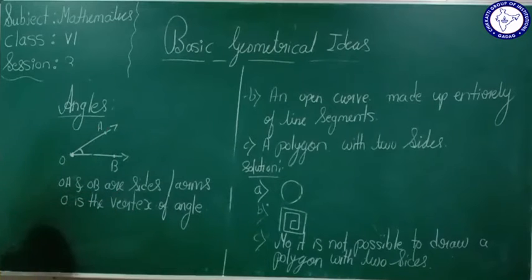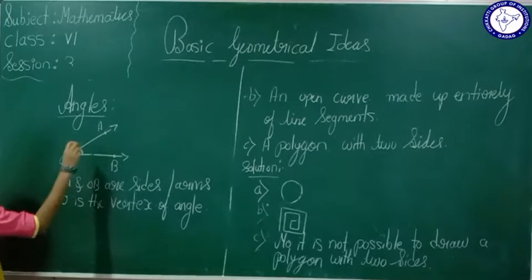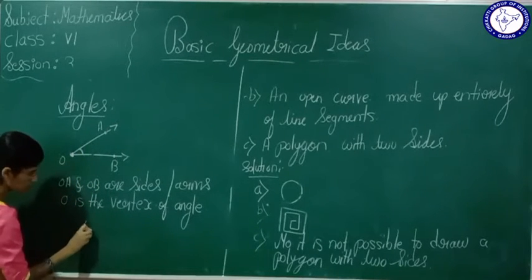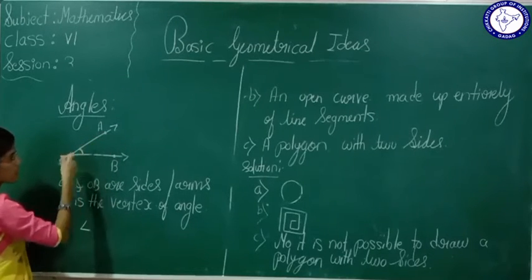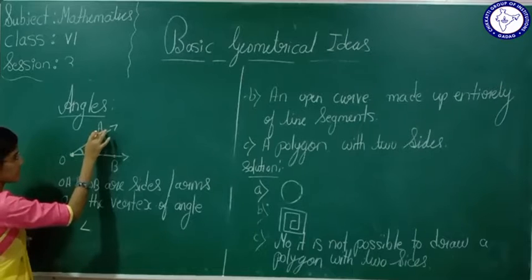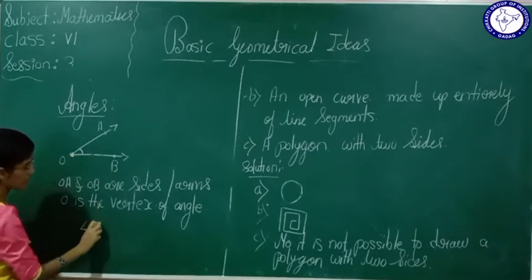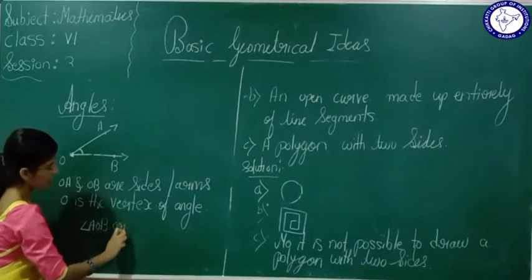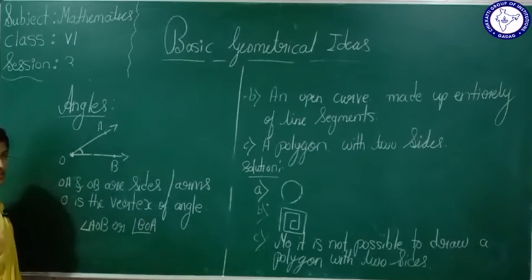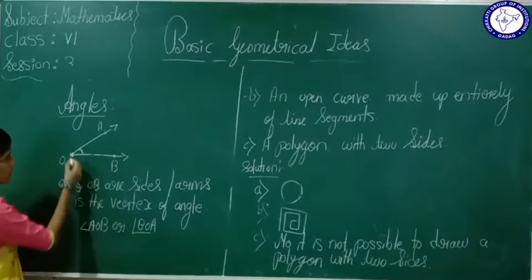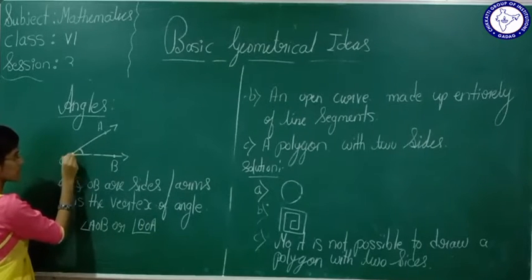Okay, then what is the angle symbol? The angle symbol is this. Now how are we going to name this? This is how we are going to read this. This is angle AOB. Angle AOB or angle BOA. Students, one thing you should remember here is that this is the vertex, no?